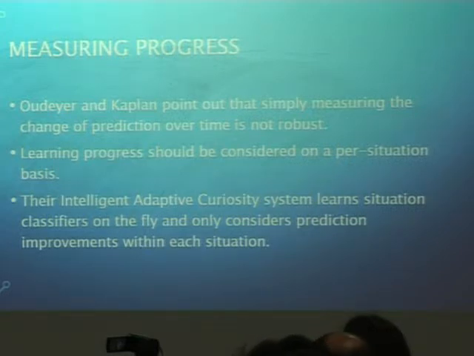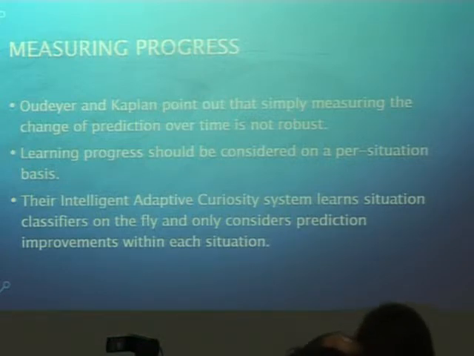And in their solution, they would classify these situations so that the predictions of stopping in front of a wall would only be compared to earlier predictions that would be made. And in that way you can measure the progress of the system better, and you avoid this type of exploitation of your reinforcement learner.